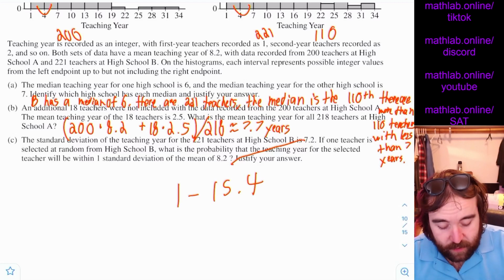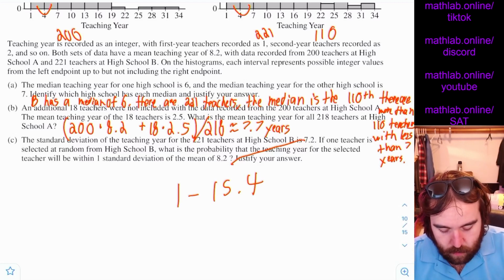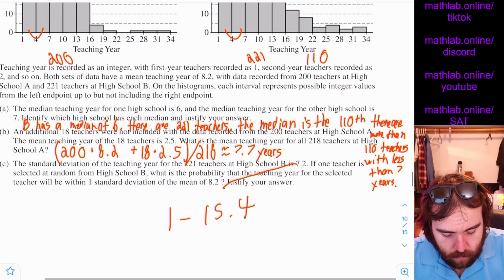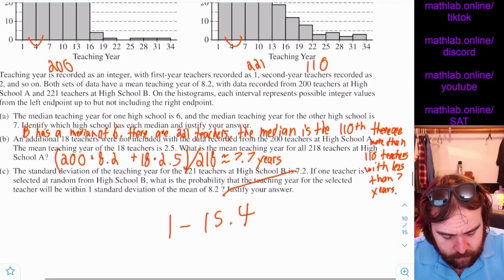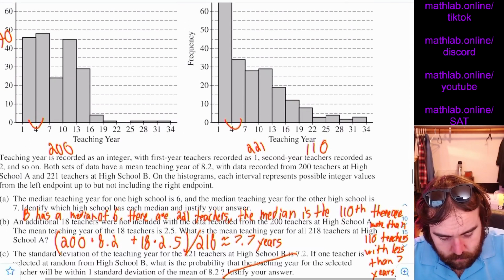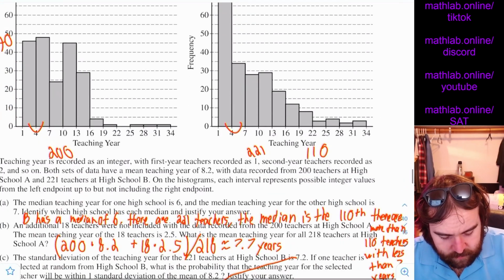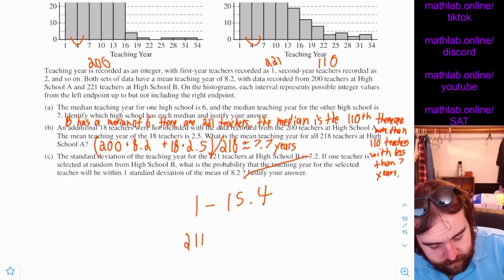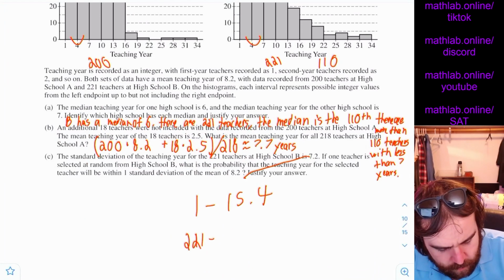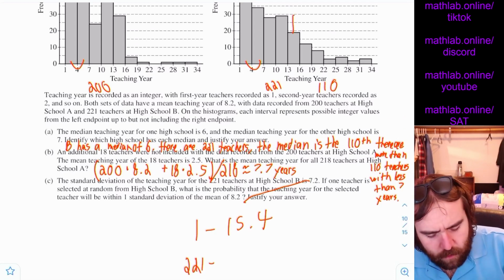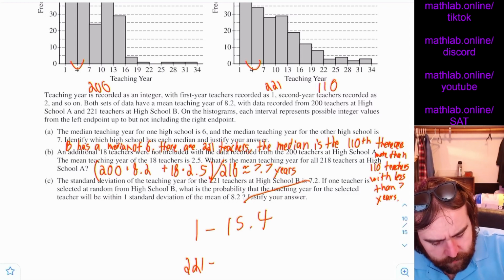So then from high school B, we just want to count how many teachers are between 1 and 15.4, or between 1 and 16, I suppose. We just kind of have to do that, and I suppose we're all estimating anyway. Well, we're actually just going to be subtracting. So we're going to say 221 minus all of these that have more than 15.4.